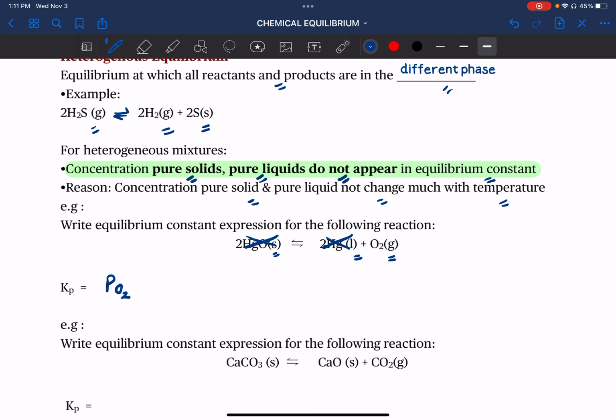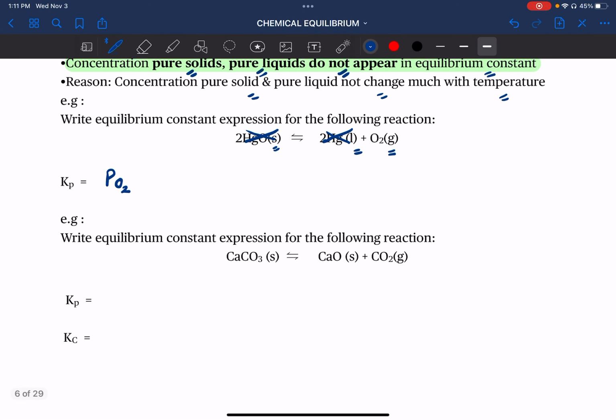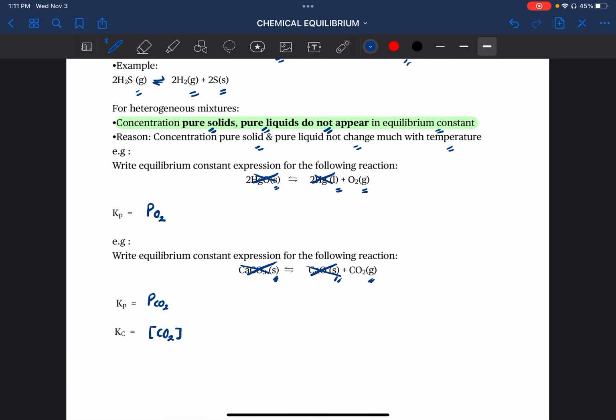Okay. Next, we have solid, gas. Yang solid tu kita boleh cancel. Sebab kita tak akan tulis dalam Kc or Kp. So, in terms of pressure, Kp equals to partial pressure of CO2. Kalau Kc, in terms of concentration of CO2. Okay.